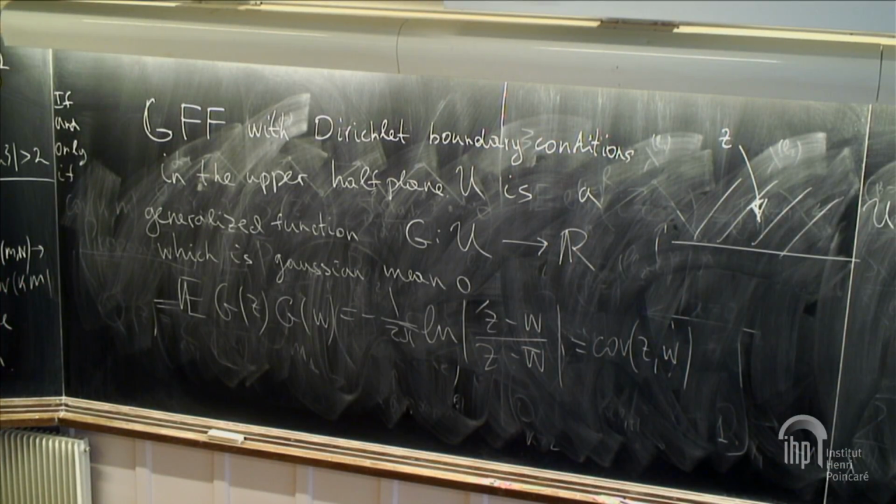Now my question to those who do not know what the Gaussian free field is: what problem do you see with this formula? If I define it in this way, as a Gaussian function with a covariance given by this formula, do you see any problems?